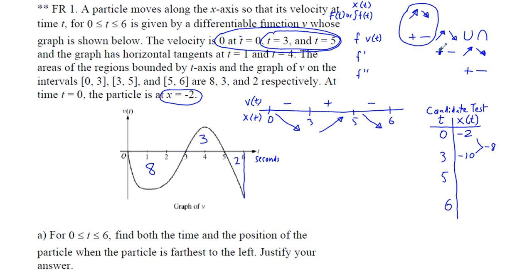Yes, because v of t is positive. It is increased by 3 units, so -10 plus 3 is -7. In the final interval between t equals 5 and t equals 6, v of t is below the x-axis, so we subtract 2 units. So -7 minus 2 is -9.